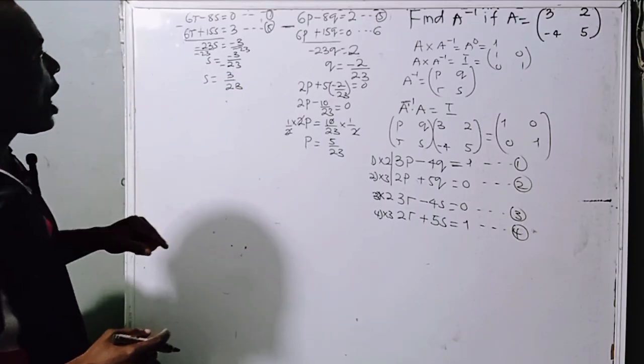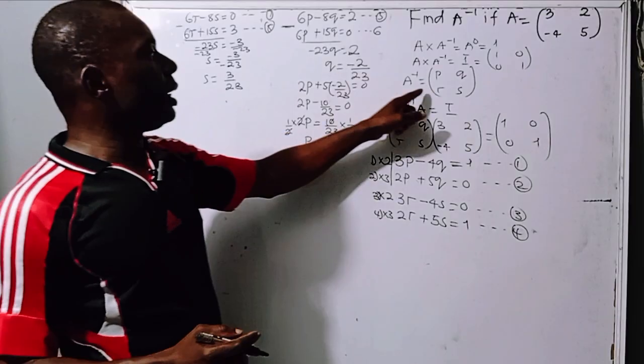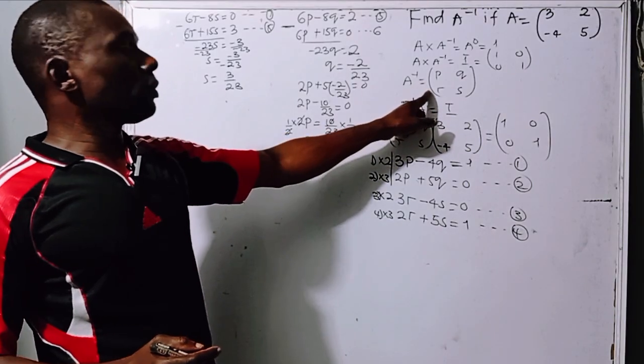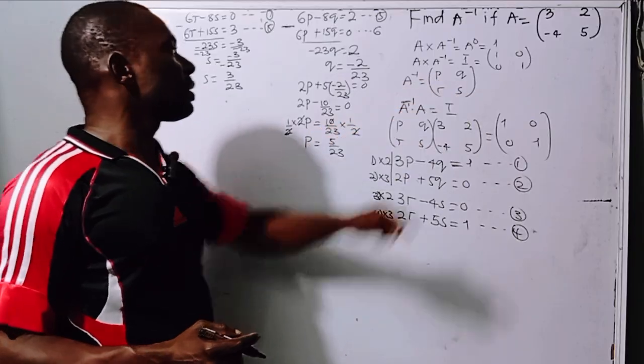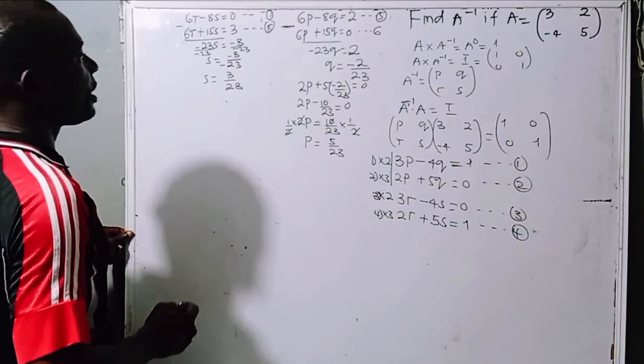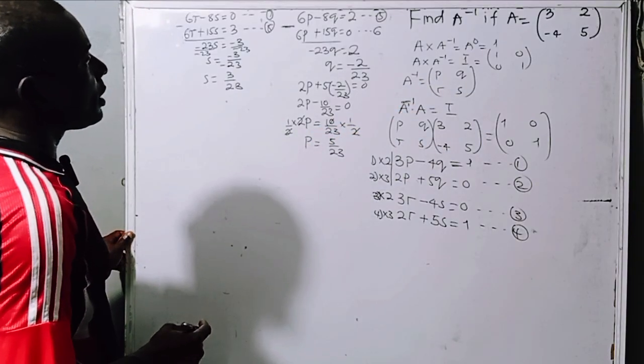So here we have to go back to the inverse matrix, which is defined by p, q, r, x, and substitute all the respective values obtained.